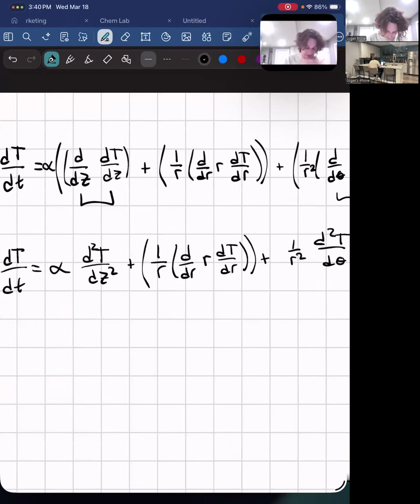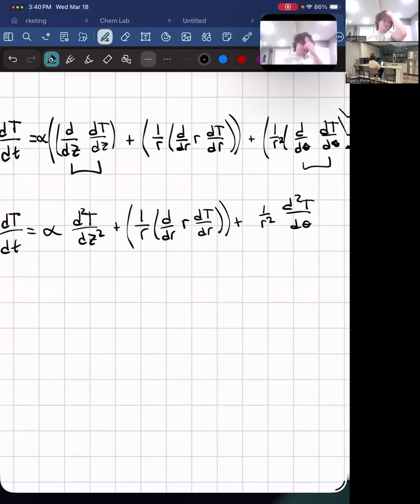And so this is our final expression for the 3D heat diffusion equation in cylindrical coordinates.